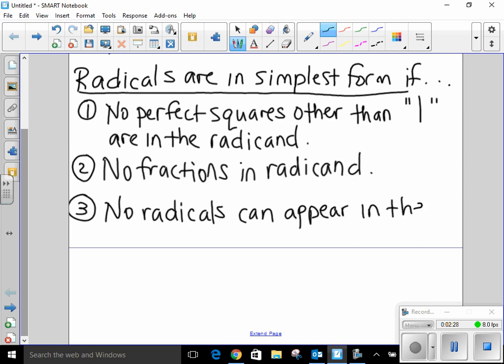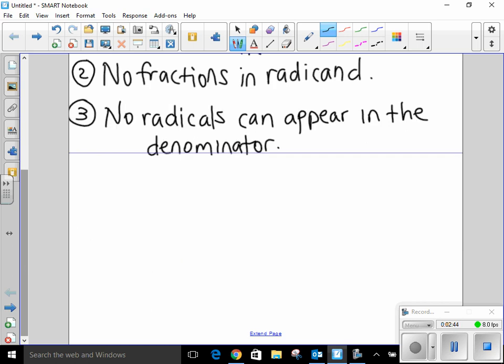Again, they can start that way in the original problem, but when you think you're done with your problem and they're still down there in the denominator, then that means you're not finished. So as long as these three things do not exist in your final answer, then you've simplified it the best you can. Hopefully it's the correct way.